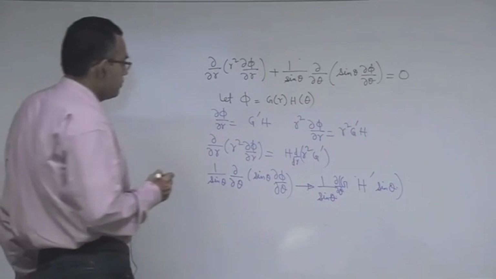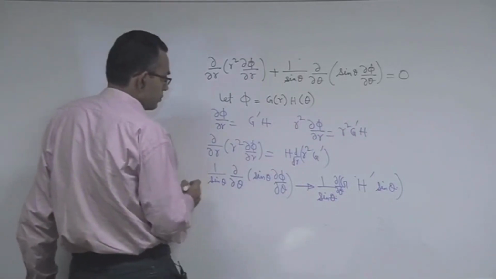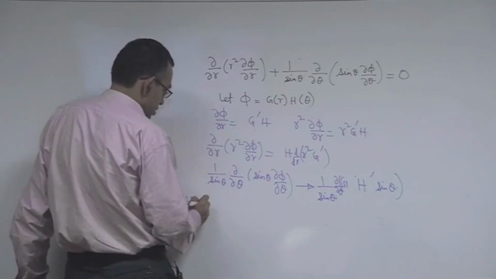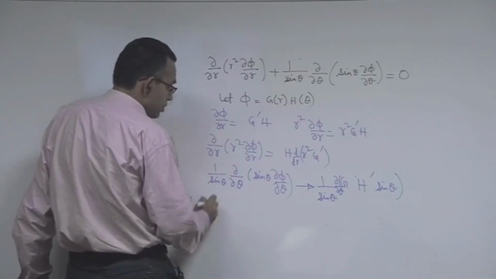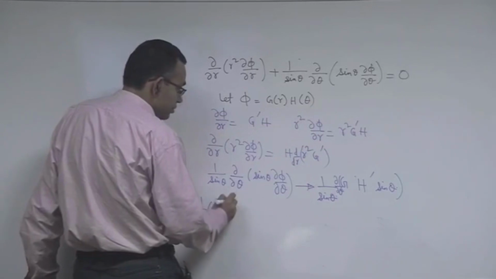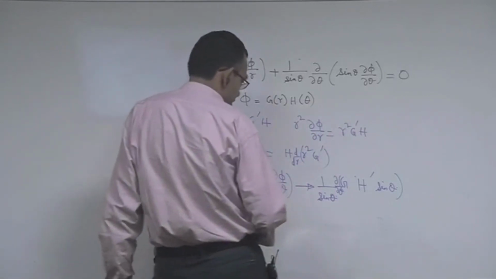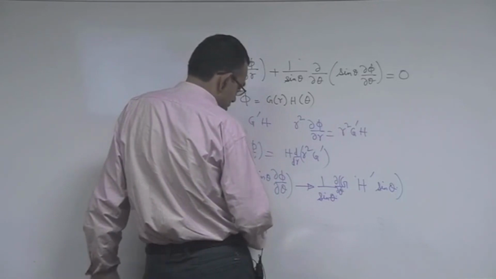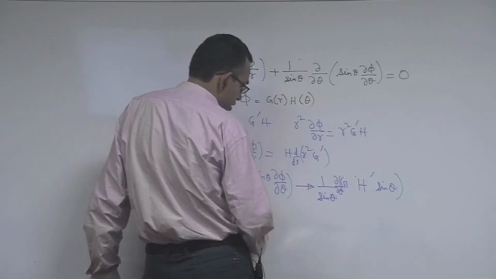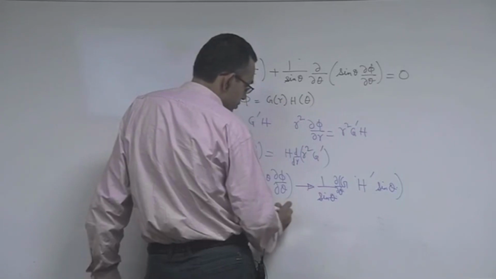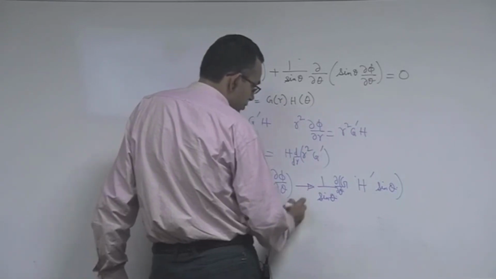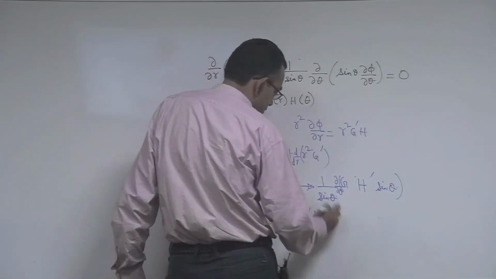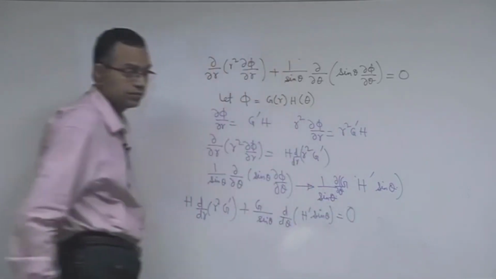So, you have h d d r of r squared g dash plus g by sin theta d d theta of h dash sin theta equal to 0.